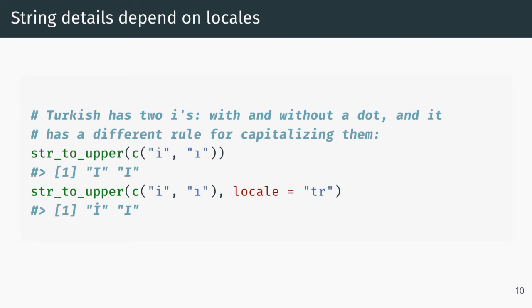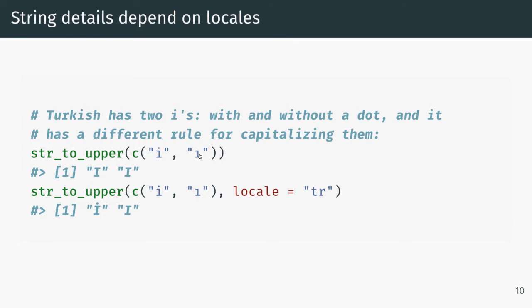Strings depend on locales. The examples that I'm going to use in this class are mostly US locales, so you may not notice this, but let's say that for your project you're using an international data set. You may be very surprised by some of the results that you'll get if you stay in the US locale. For example, Turkish has 2 I's, with and without a dot, and it has a different rule for capitalizing them.